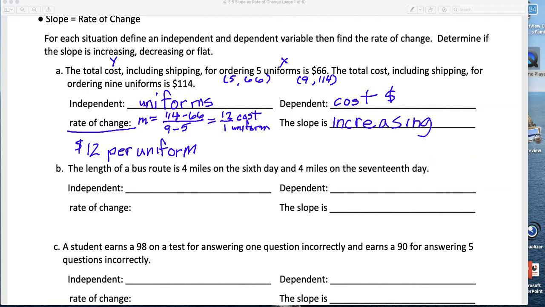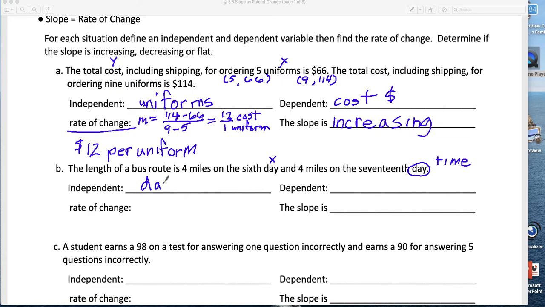So the time that I'm working with here, I've got days, and days are a measure of time. Hours, minutes, months, years, all of those things are measures of time. So that tells me that day is going to be independent, and it's going to be X. So days is here.